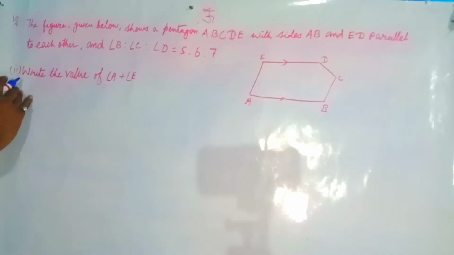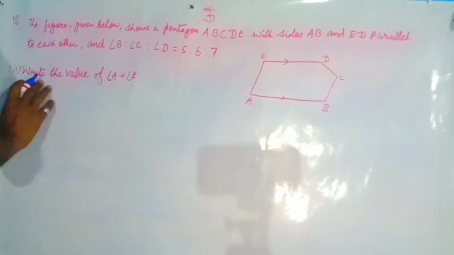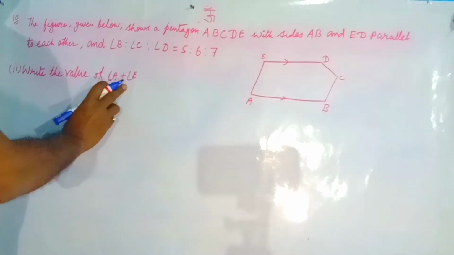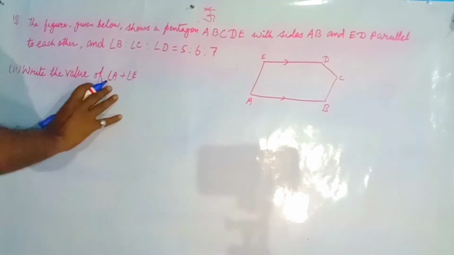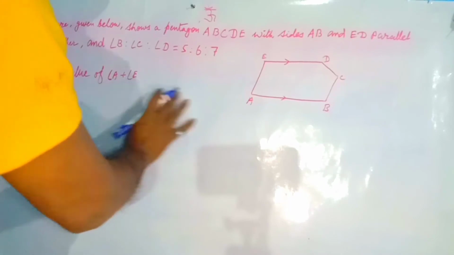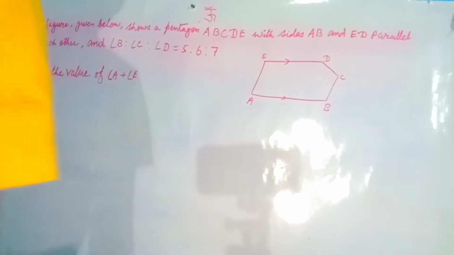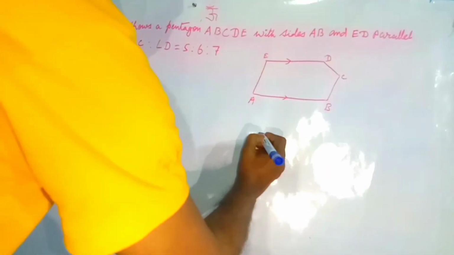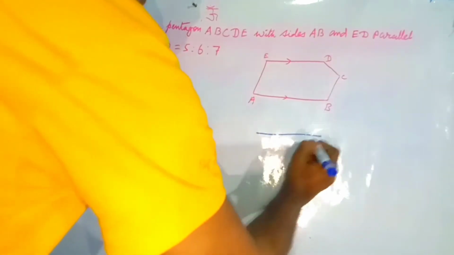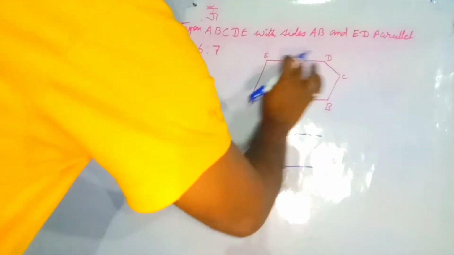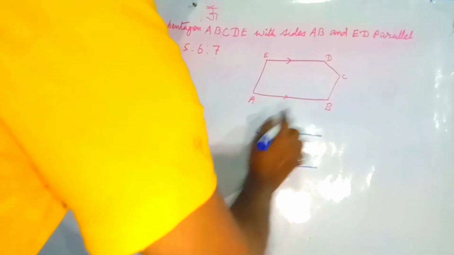And the second part of question number 10 is: write the value of angle A and angle E. Before starting this one, I would like to remind you of class 7, where you have read about parallel lines. See this one, E and D, ED and AB.